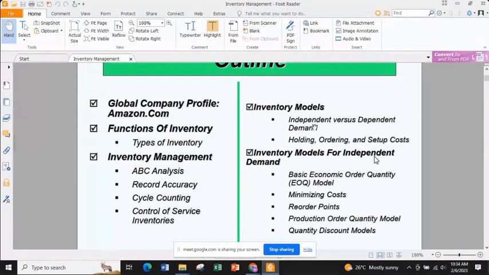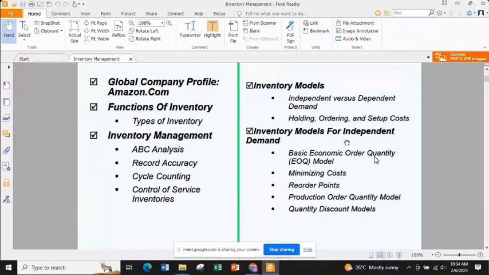Inventory models: independent versus dependent demand, holding, ordering, and setup costs. And inventory models for independent demand: basic economic order quantity, minimizing cost, reorder points, production order quantity model, quantity discount model. In general, this topic doesn't involve calculation like the previous topic on linear programming. We just discuss inventory management.